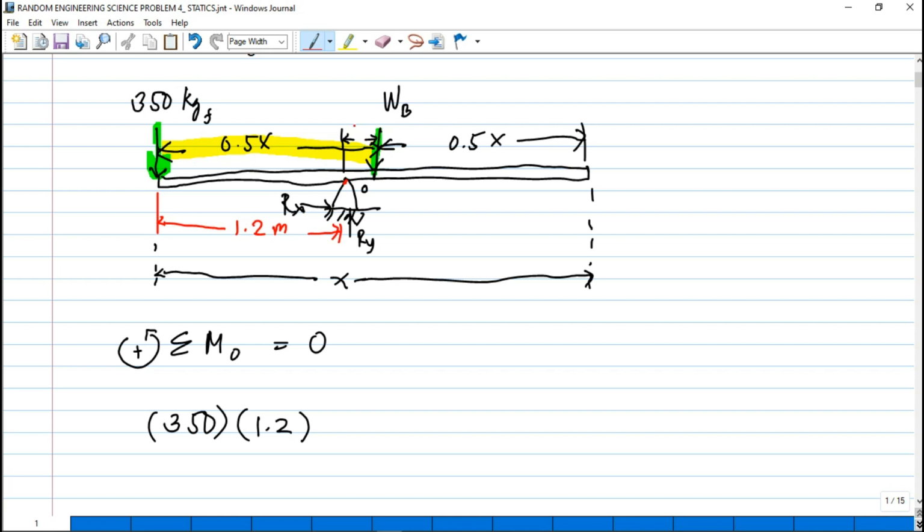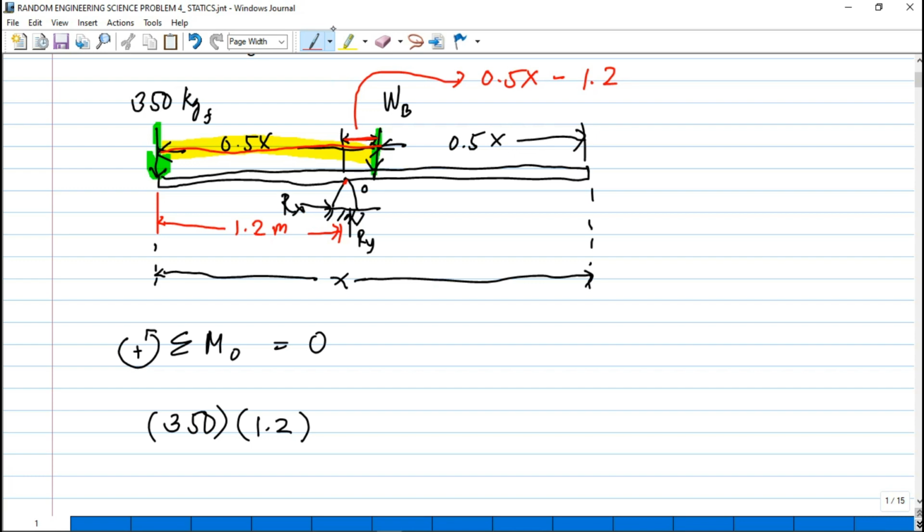So this distance here, itong distance na to, dito na lang natin ilagay, hindi na nagkasya sa figure. So this distance here is 0.5x minus 1.2. So this is 0.5 here, 0.5 yan. Then isubtract natin itong 1.2 para makuha natin itong distance na yan. That's the moment arm of the weight of the beam on that fulcrum. So that is 0.5x minus 1.2.